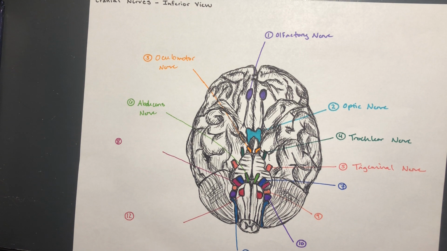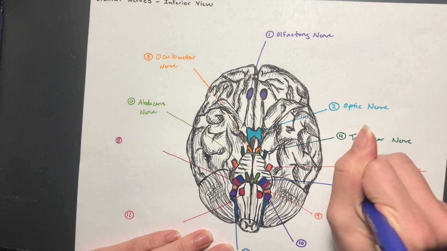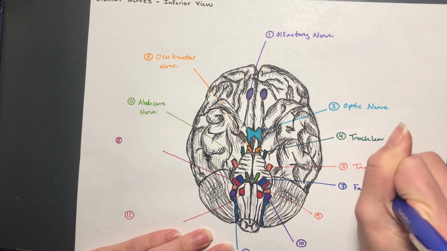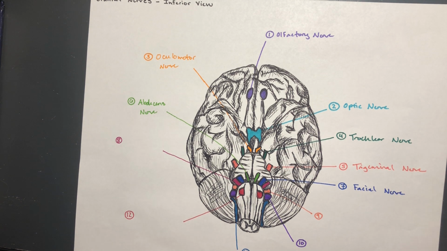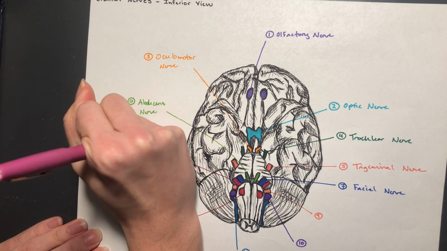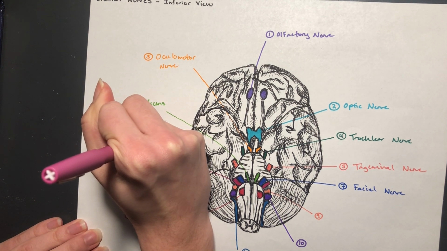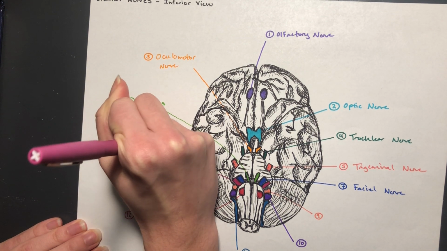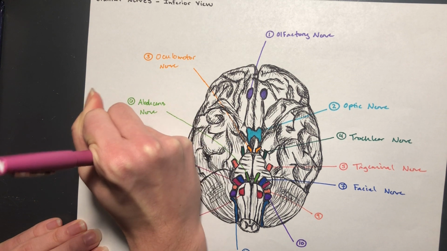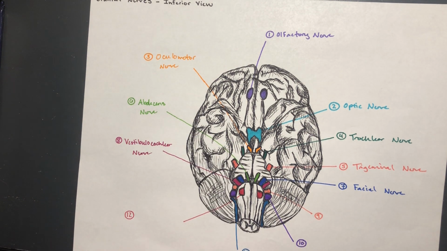Seventh, we have the facial nerve, which functions in transmitting taste from the tongue to the thalamus. Eighth, we have the vestibular cochlea nerve, which transmits information about hearing and balance.